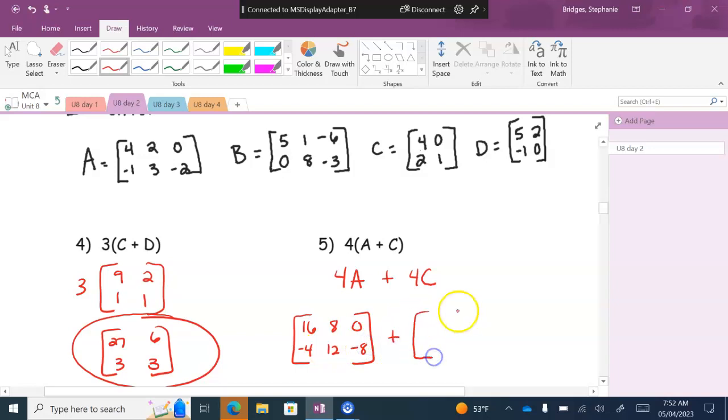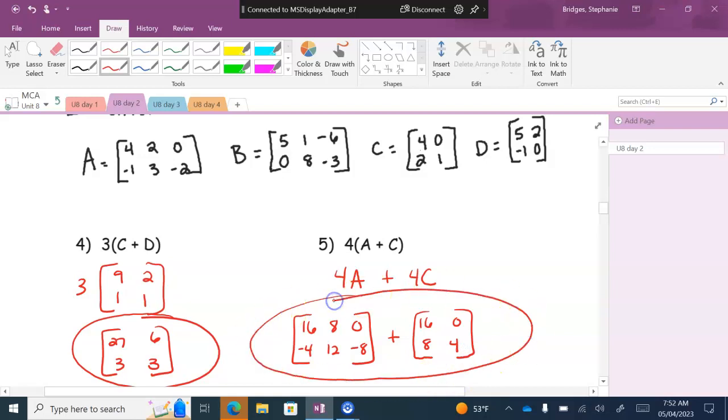And then I multiply every element in C by 4 as well. That's 16, that's 0, that's 8, that's 4. And because they are not the same size, I cannot do anything else. So I'd leave my answer just like that. We wouldn't say not possible because we were actually able to multiply, but we can't go any further than that. Anybody have any questions?